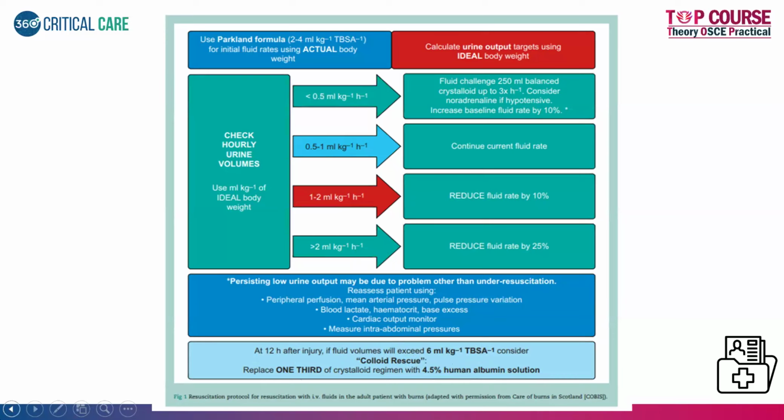The colloid used here would be 4.5% albumin or 5% albumin. One of these you can use. I hope it is clear. It's not a standardized guideline. This is one of the things that they have mentioned to prevent fluid creep and the repercussions of fluid creep, which can be either abdominal compartment syndrome, ARDS, or other issues related to fluid overload.